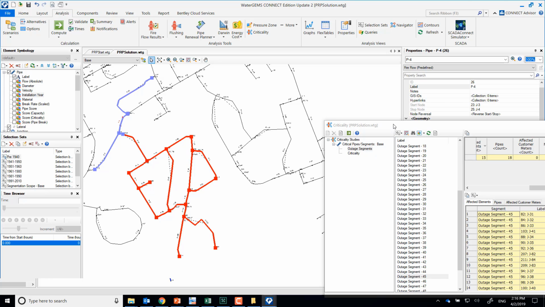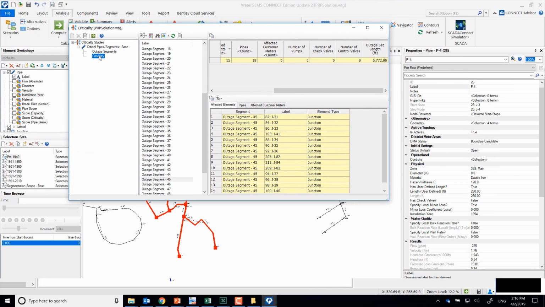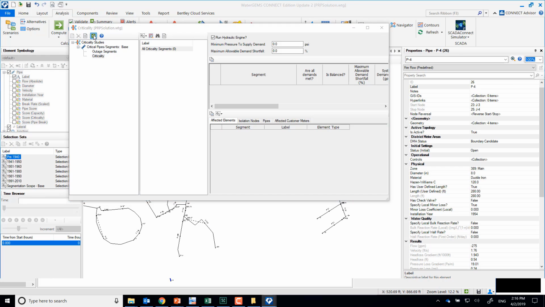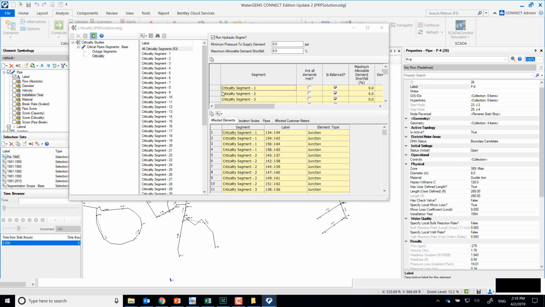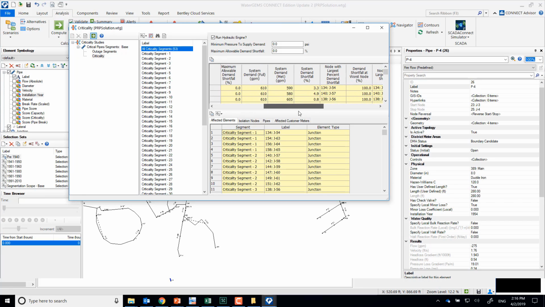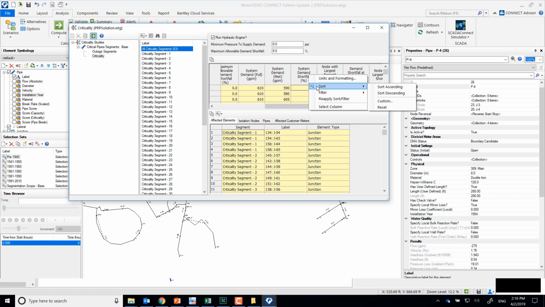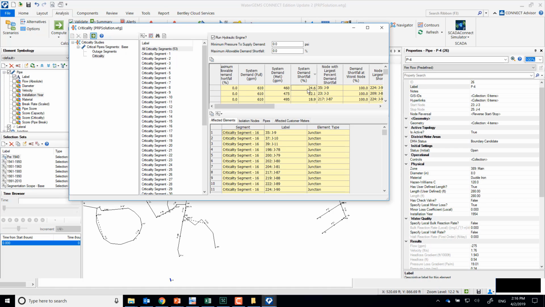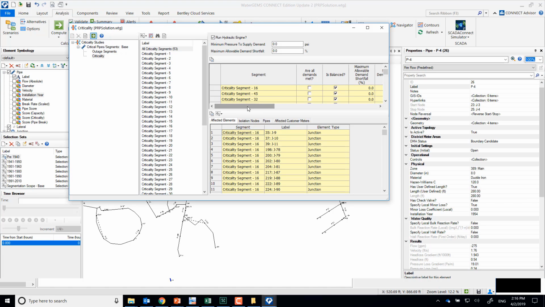Okay, but the data that we were really looking for here is in criticality, so that percentage of demand that it cannot be met. So that's the system demand shortfall. I'm going to start this descending. And here is the criticality segment 16. Let me make this a little bit bigger.